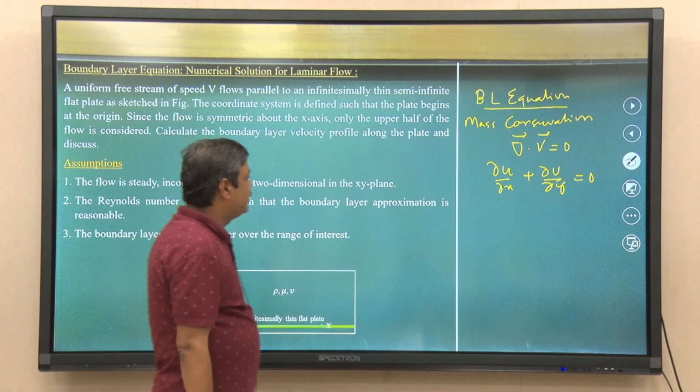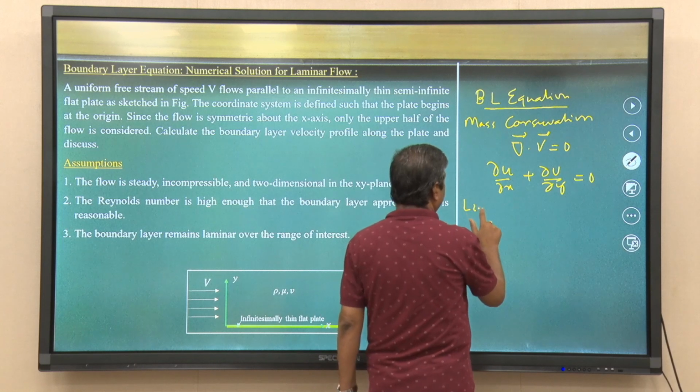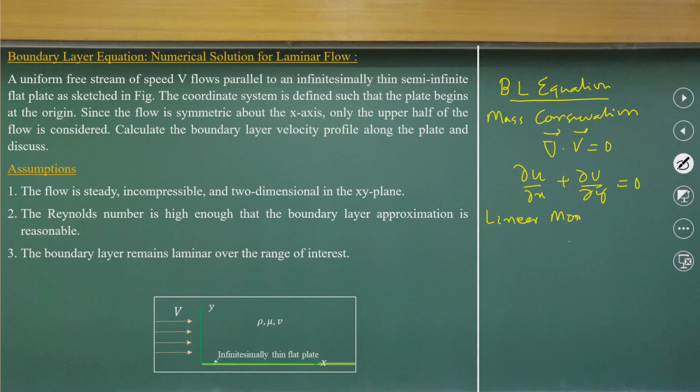As we derived, the linear momentum equations and the Bernoulli's equation, both we combine to get the boundary layer equations in this form, basically the x direction equation for steady incompressible flow.